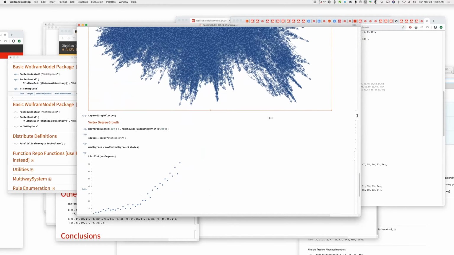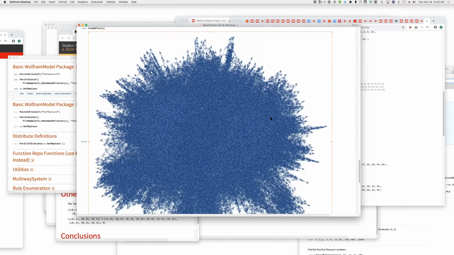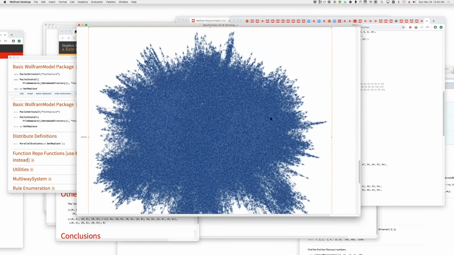Since the ordinary one is 3-dimensional, it wouldn't be too surprising if the causal graph was 4-dimensional. Yeah, I understand. Okay, I'm going to try running it for 40 steps on my computer.